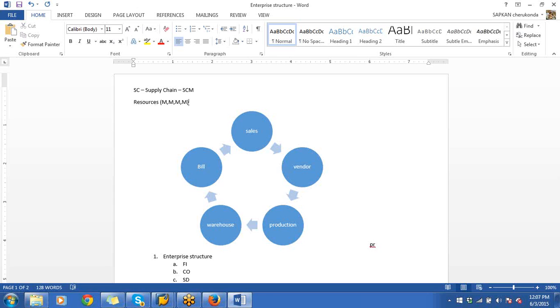Where are you planning them? You said you are managing supply chain. Then I asked you what is it that you are managing? You said you are managing resources. Obviously, I'm going to ask you where these resources are.